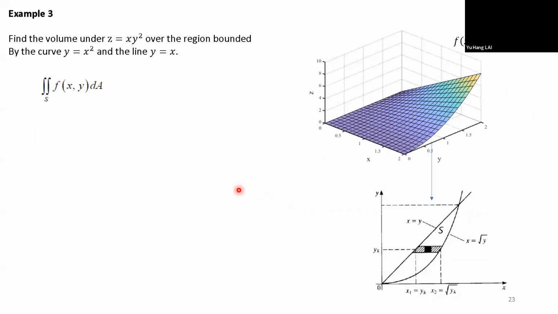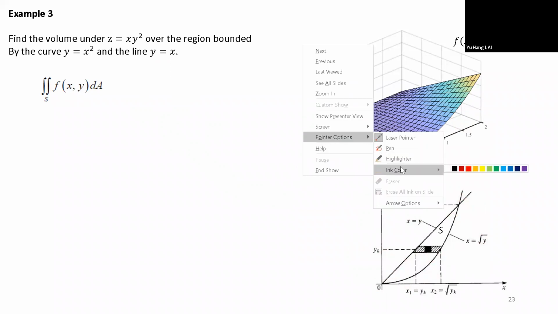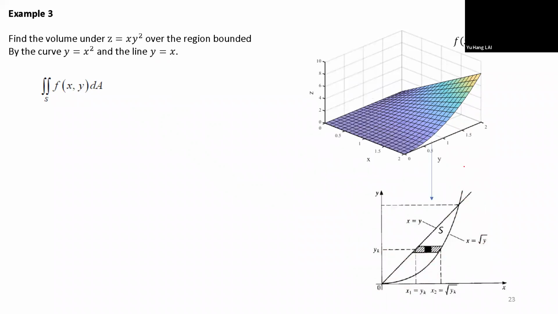So a slightly more difficult example. This time I have this curve, and the region looks like this. If I want to draw it on the same picture, basically it is this straight line, and then I have another curve, which is a parabola.